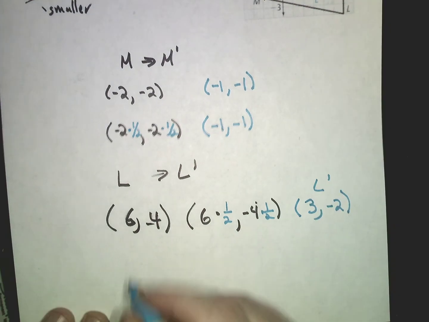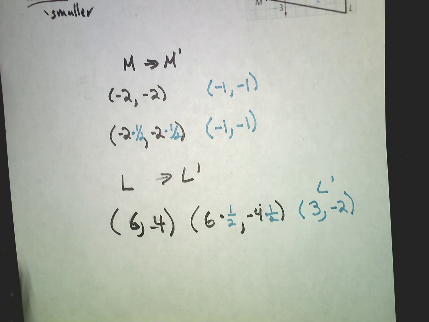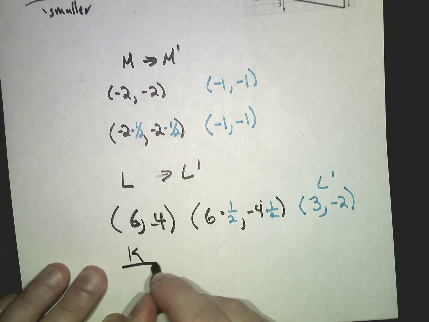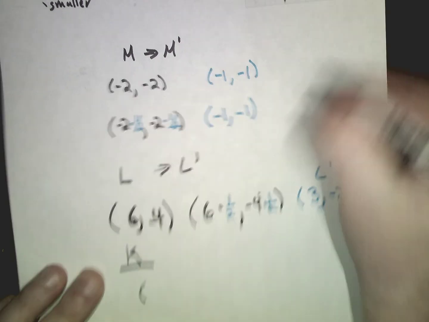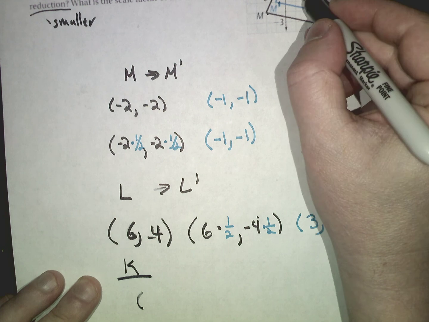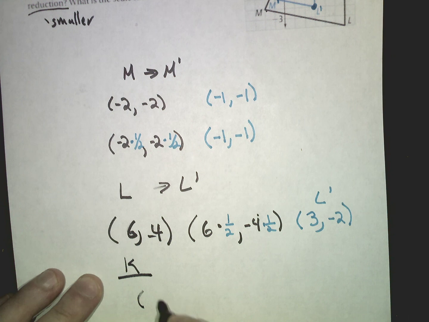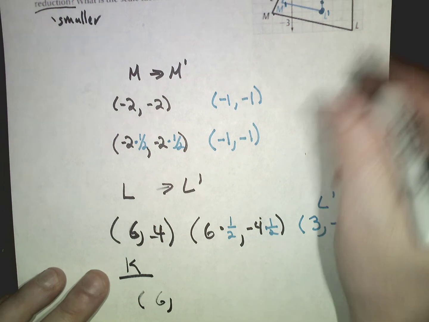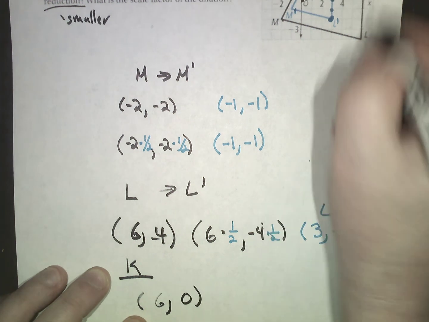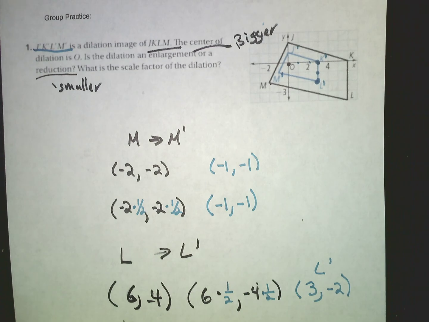Now to do it for all four points, I just have to find where K is. Its original point is 6, comma 0. The y value is 0.